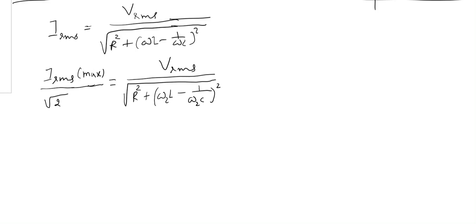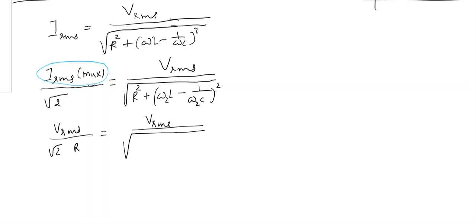And we also know that IRMS max is VRMS by R. So I can write this equation as VRMS by root 2 and R, that is equal to VRMS upon under root R square plus omega 2L minus 1 by omega 2C whole square.